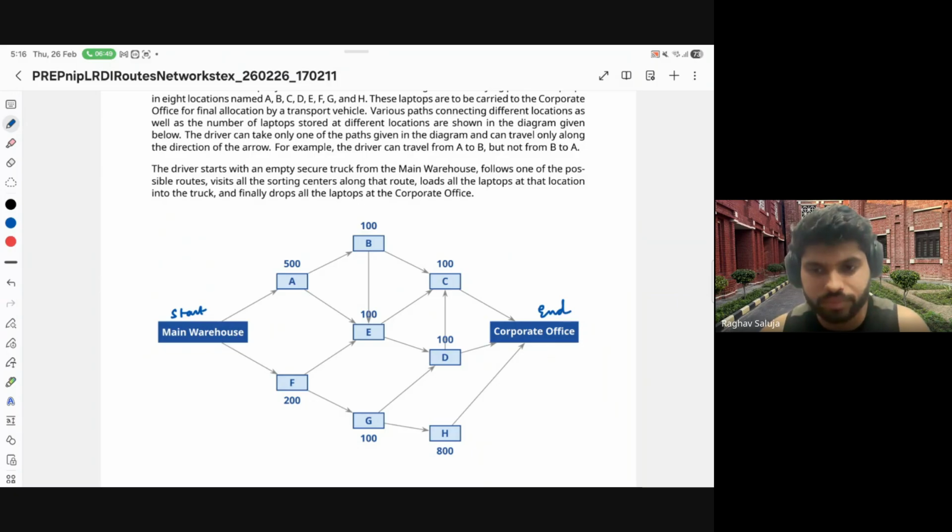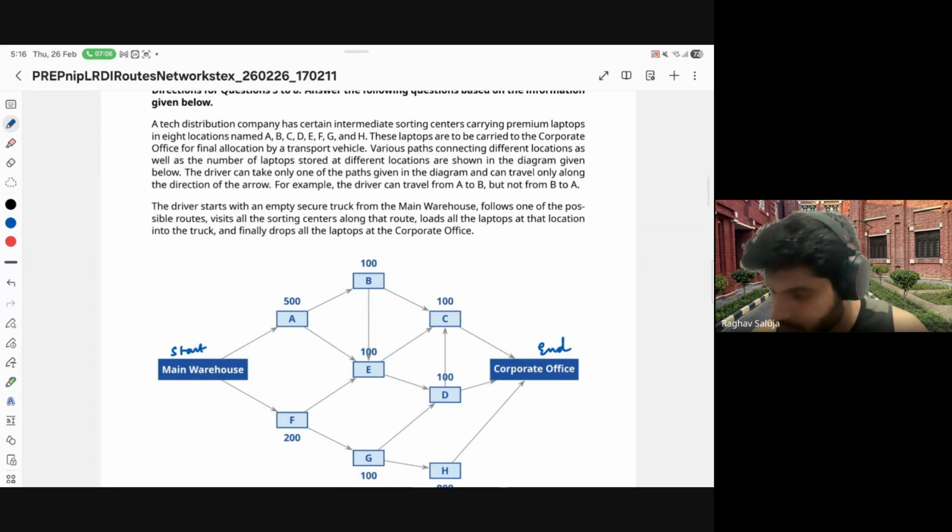Now the driver starts from the main warehouse with an empty truck. And whenever he reaches a sorting center, he loads all the laptops from that center into the truck. He does not drop anything until the corporate office. Loads all the laptops and finally drops all the laptops at the corporate office.